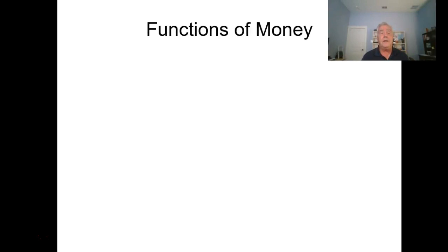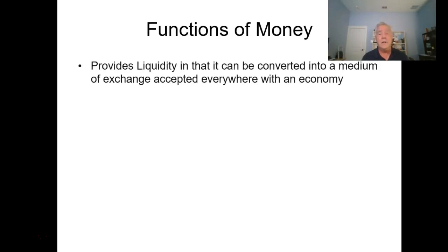Okay, functions of money. What are the functions of money? Number one is liquidity. It's a medium of exchange and accepted everywhere. In other words, you don't have to trade a cow for a horse or a cow for a sheep. We don't have to barter. We have liquidity. We have liquid assets called money. And again, it's fiat money.